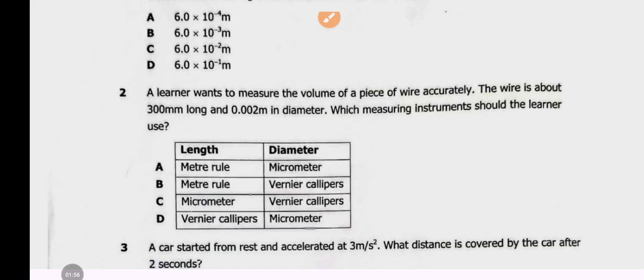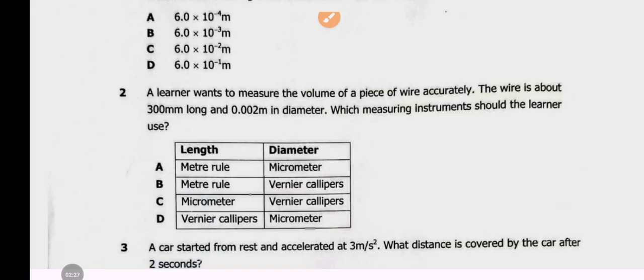For a measurement that is ranging from 0 to 2.5 centimeter, the measuring instrument that is used is a micrometer screw gauge. And for a measurement that is ranging from 0 to 15 centimeter, the measuring instrument that is most suitable is a vernier caliper.